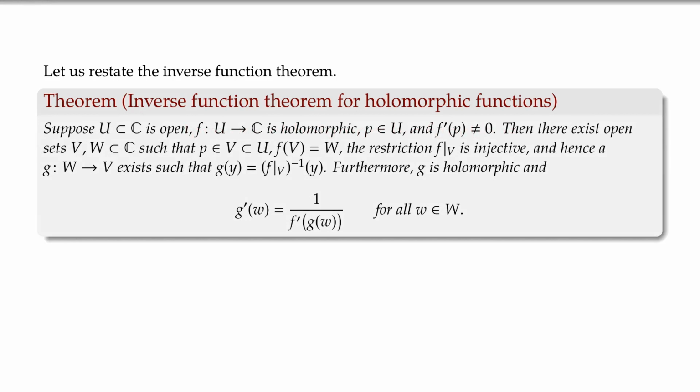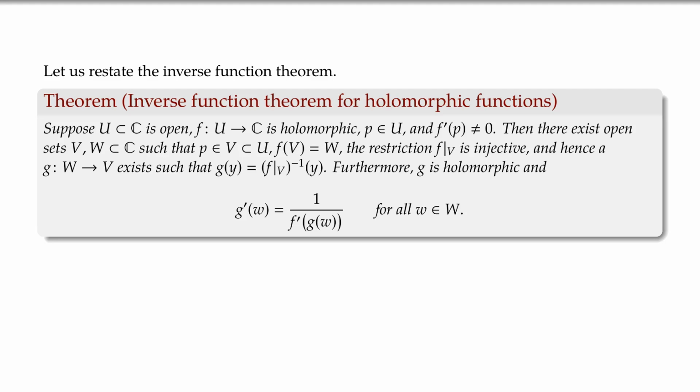You've seen this theorem before, except there's one thing that I've left out, and that's an extra hypothesis, in the notes where it appears, that says f had better be continuously differentiable. But we already know that all holomorphic functions are continuously differentiable.